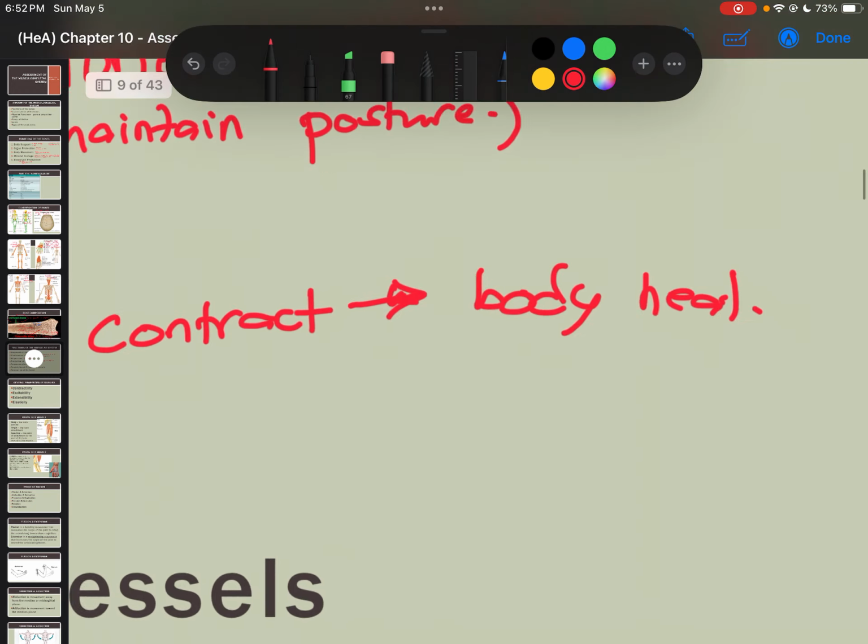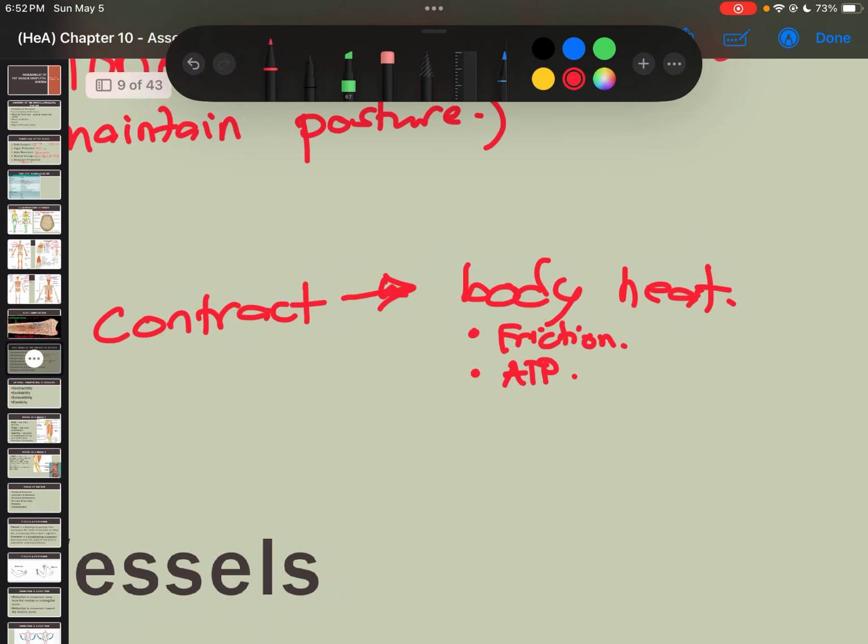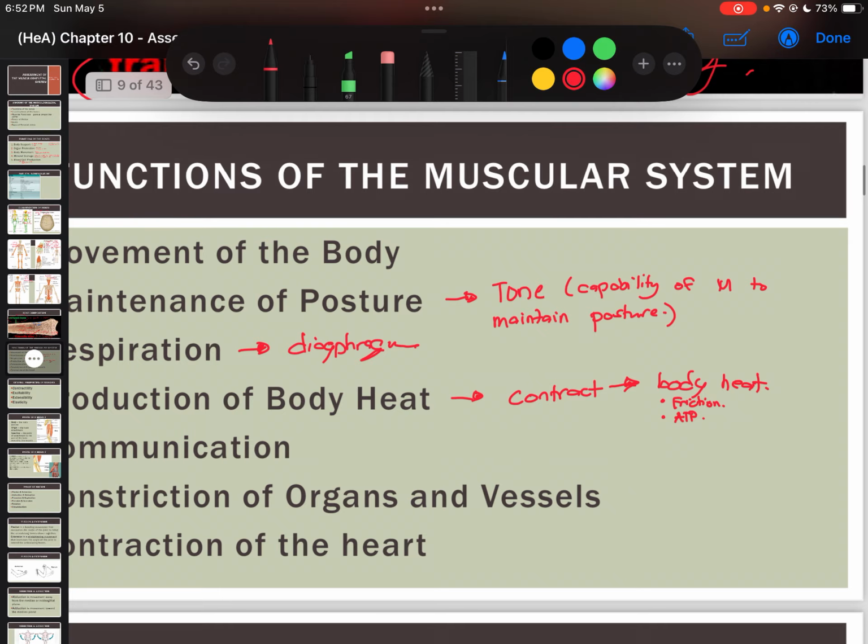They produce body heat in two ways. First, it is through friction. The muscles rubbing against the layers of the body will cause friction and in turn create heat. The second is the use of our ATP.